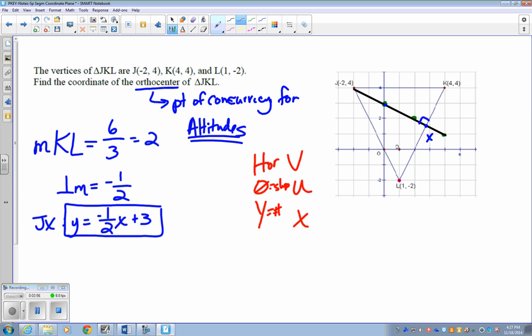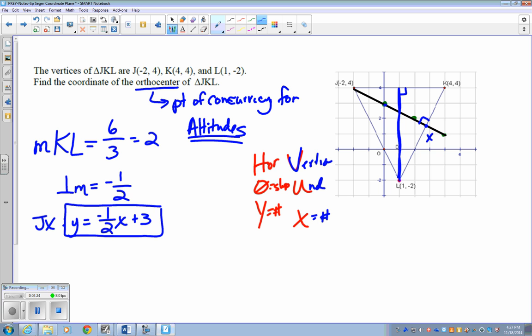Perpendicular to the horizontal is going to be vertical, V for vertical, undefined slope, x equals the number, which is the x coordinate. So I can just draw my vertical line from L all the way straight up and have that altitude to the side JK.